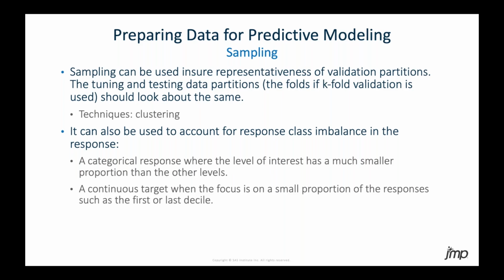For example, with the direct mailing case, if I focused only on the 10th decile of donors, they returned as much in donations as the bottom 50% of the data. So rather than focusing on the entire set of donors, I might want to focus only on that top decile or the top 2 deciles. Again, that would cause class imbalance, and I would need to take that into consideration.